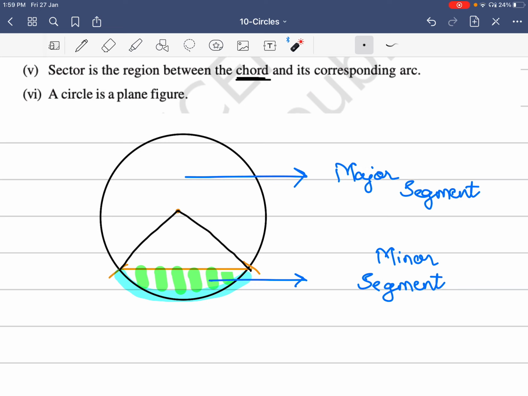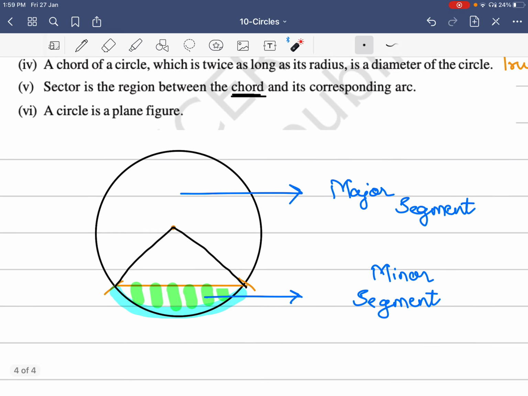That is the definition of a sector. So a sector involves the two radii from the center to the endpoints of the chord. That is not what is asked in the statement, so we are going to make it false.